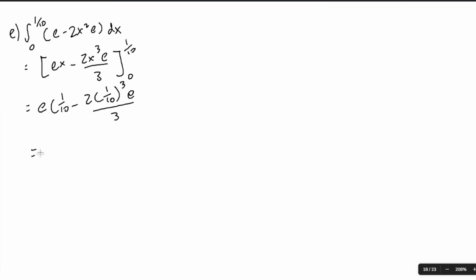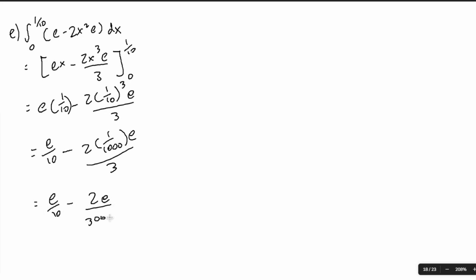So here we have e over 10 minus 2 times 1 over 1000, because 10 times 10 times 10, and e over 3. Multiply these together, so we get e over 10 minus 2e over 3000.